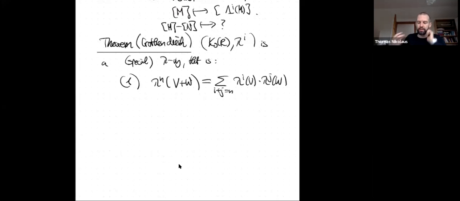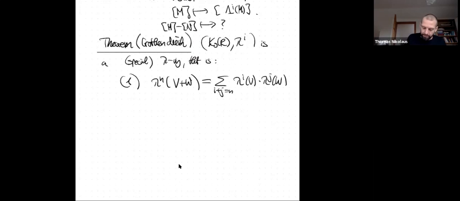And then you actually don't have any choice. If you want this to hold for all classes in K-theory, this tells you what you have to do to formal differences, because if this equation is supposed to hold, you get an equation for what the i-th exterior power of such a formal difference has to be. Is that clear? Okay, so anyways, that's the first equation.